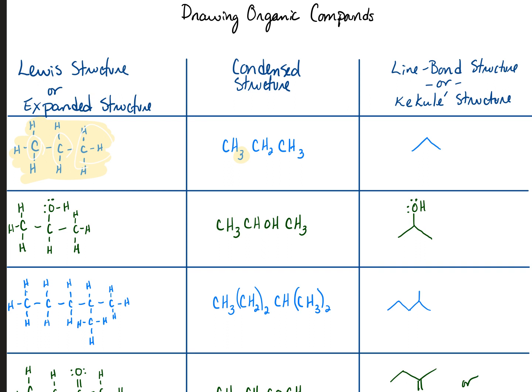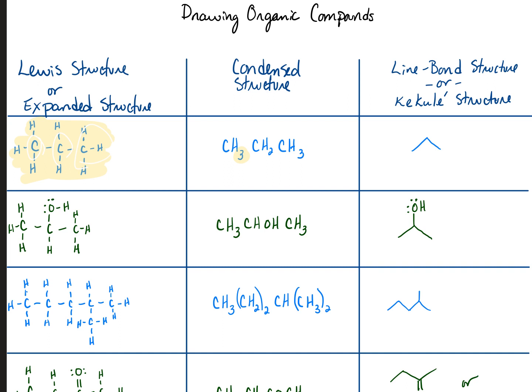And then there's what's known as the line bond structure, or otherwise known as the Kekule version of the structure. When we go to this structure, all that we're doing is showing where the non-hydrogens are, unless it's attached to something that's not carbon.